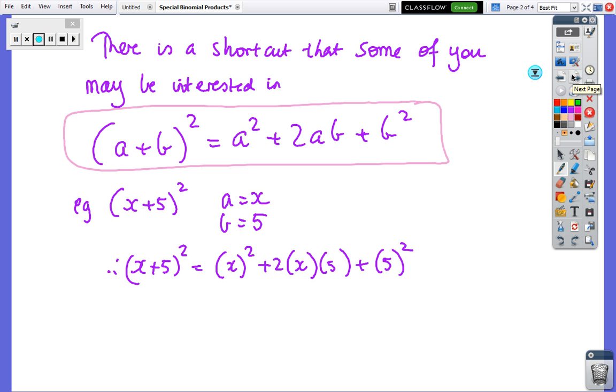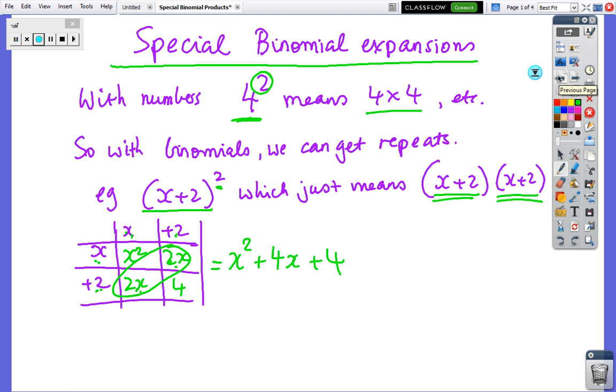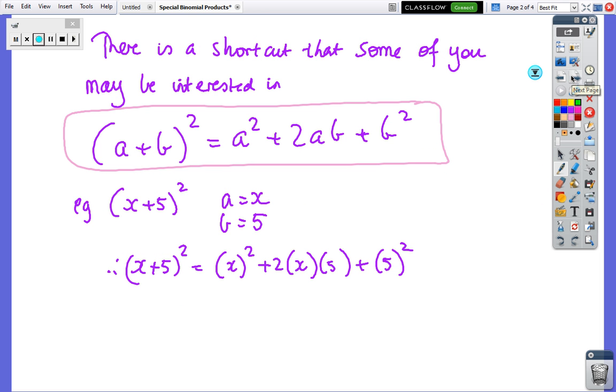Because the diagonal is a repeat, there is a shortcut, and some of you may be interested and some of you may not, but I'll put it in our notes. So the shortcut is (a + b) squared is a squared plus 2ab plus b squared, and that's how I write my b's.